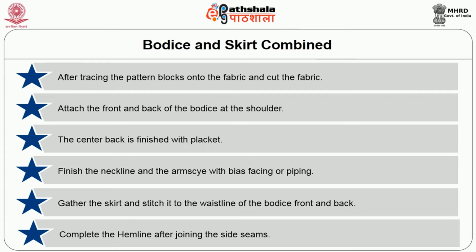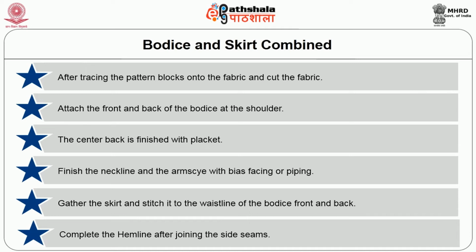The center back is finished with a two-piece placket. The neckline and the armscye is finished with a bias facing or piping. This can be given in the same color fabric or can also be given in a contrasting color.